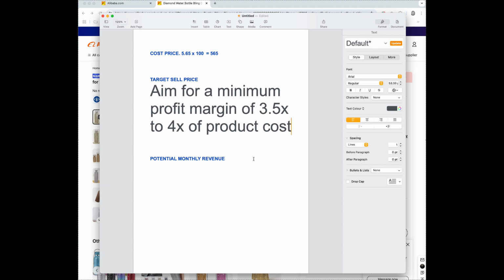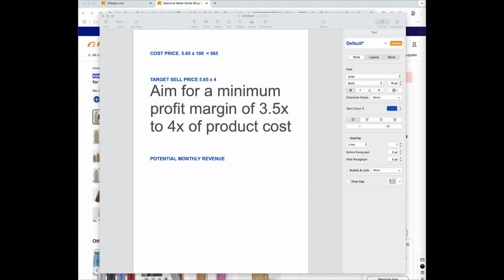If our profit margin should be no less than 3.5 or 4x, then we're going to multiply our buying price, 565, by 4, because that's the best in this situation.